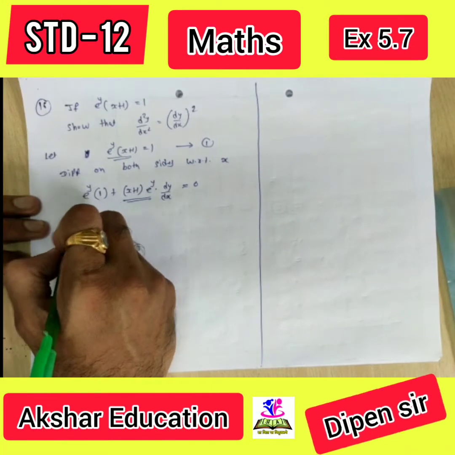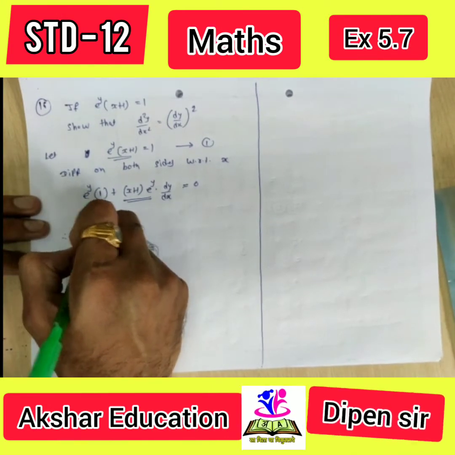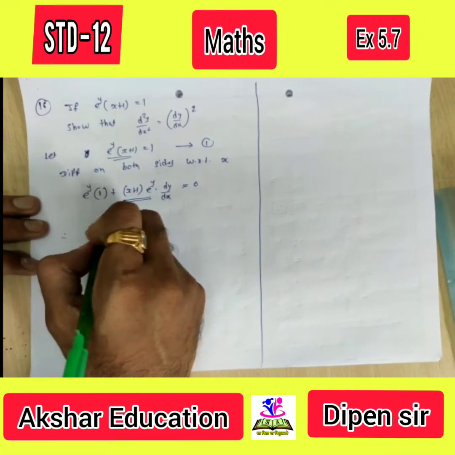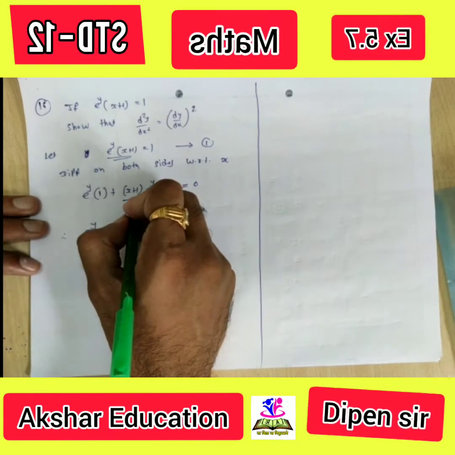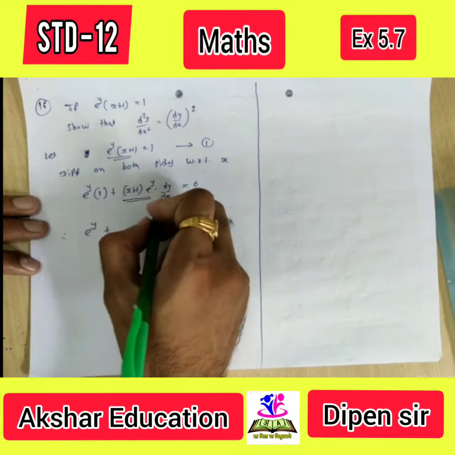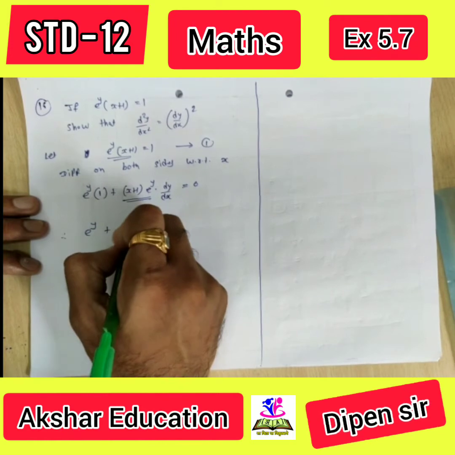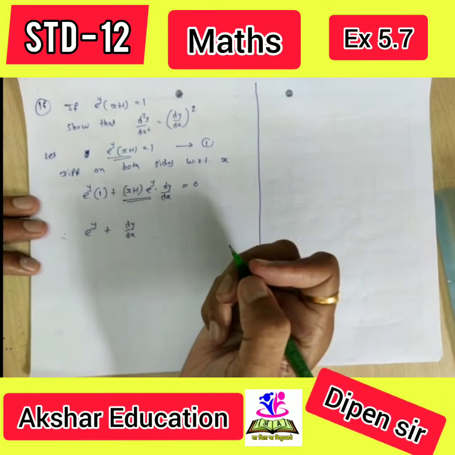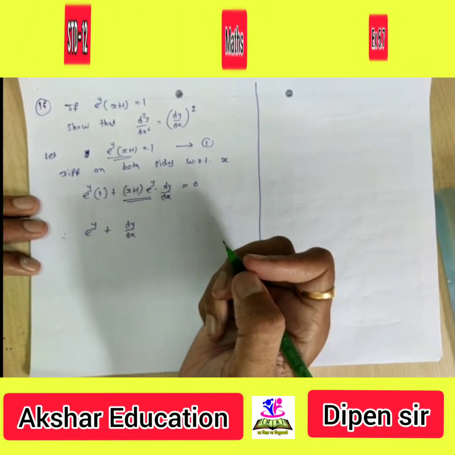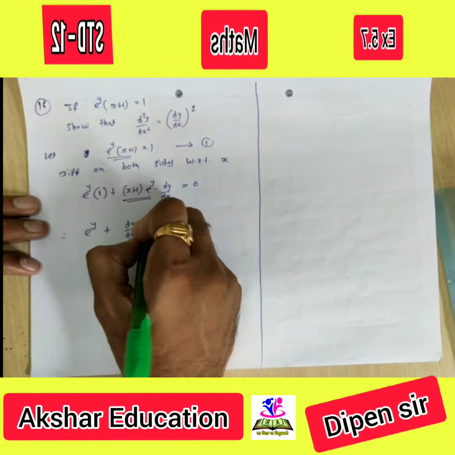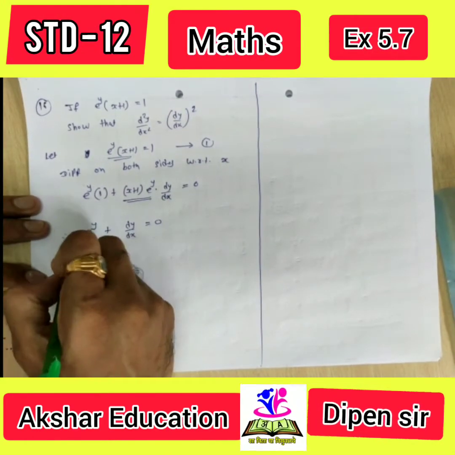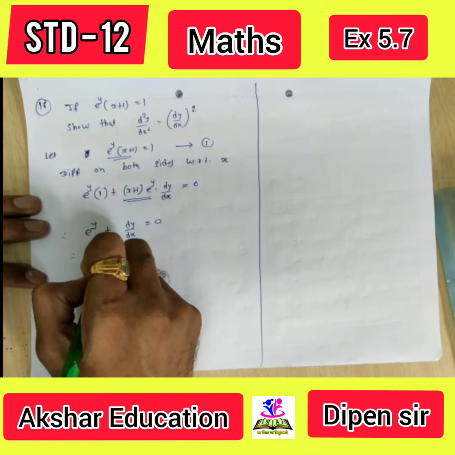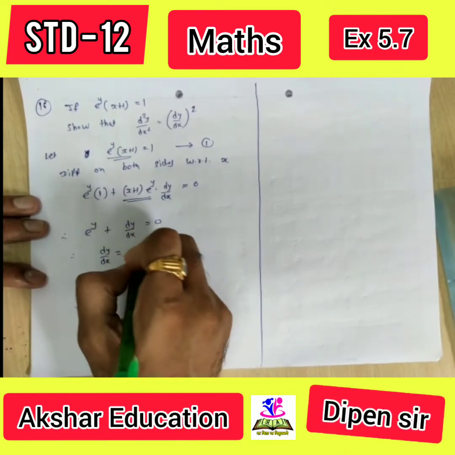So we get e raised to y plus 1 into dy by dx equal to 0.